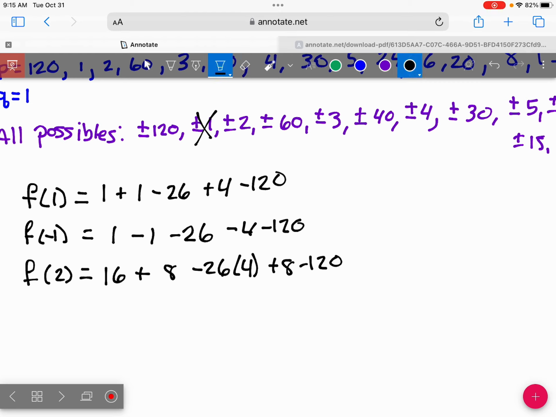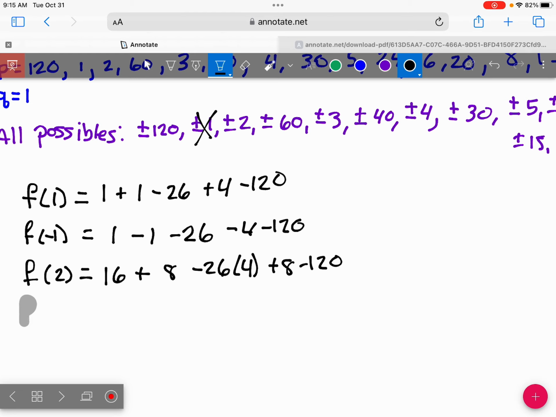What's that going to equal? 100 or something. So is that 0? No. Does it matter what actual answer it is? No. All I care is is it 0? Nope. Move on with our lives.